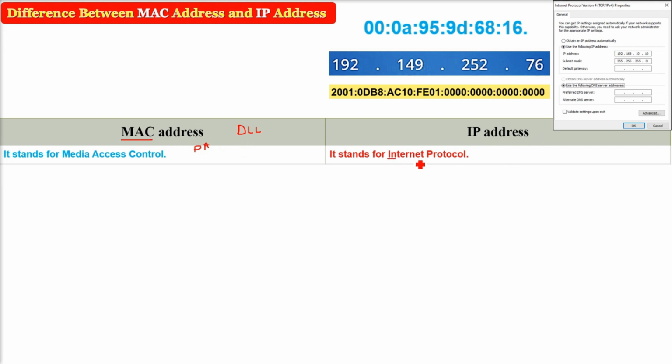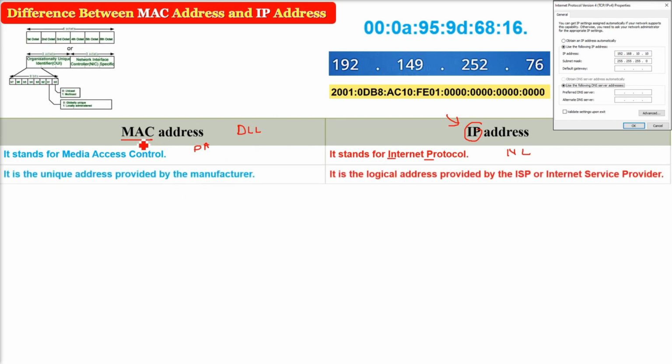IP address stands for Internet Protocol address, which is a network layer protocol. IP is a protocol and IP address is the way to implement it. So people saying that an IP address uniquely identifies a system on a network or the internet, no. It has to be combined with the MAC address in order to uniquely identify.